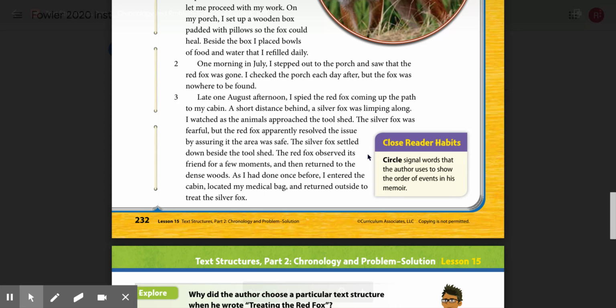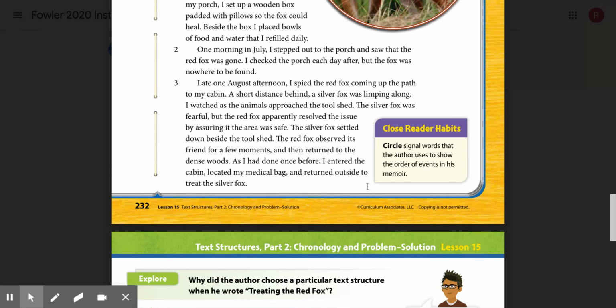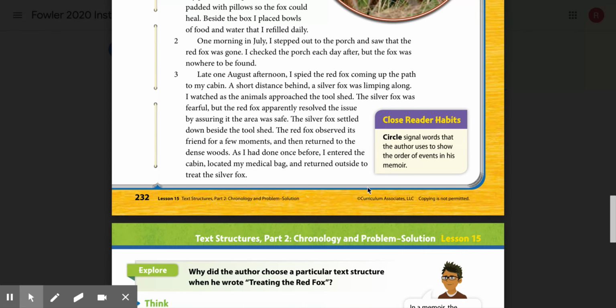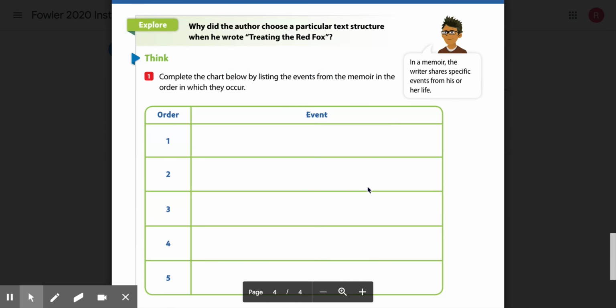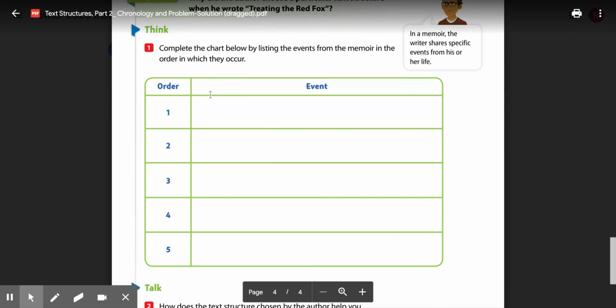The silver fox settled down beside the tool shed. The red fox observed its friend for a few moments and then returned to the dense woods. As I had done once before, I entered the cabin, located my medical bag, and returned outside to treat the silver fox.